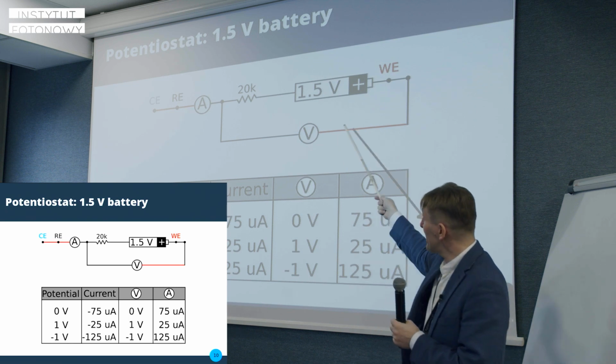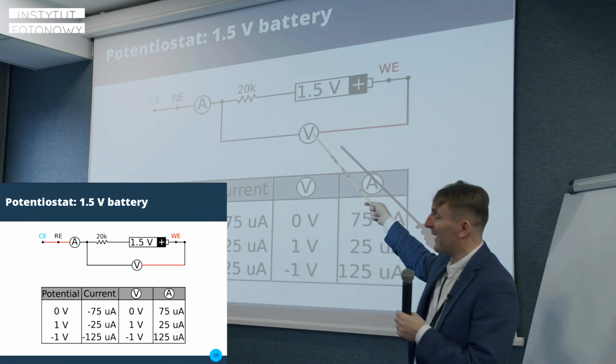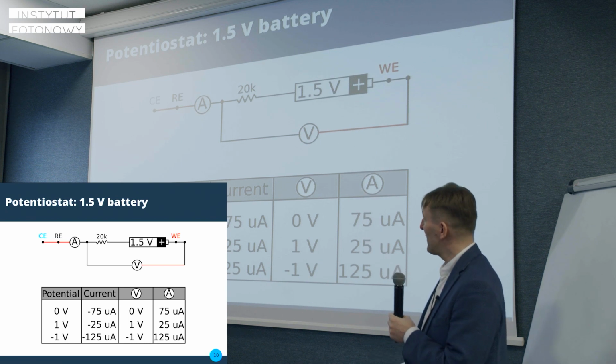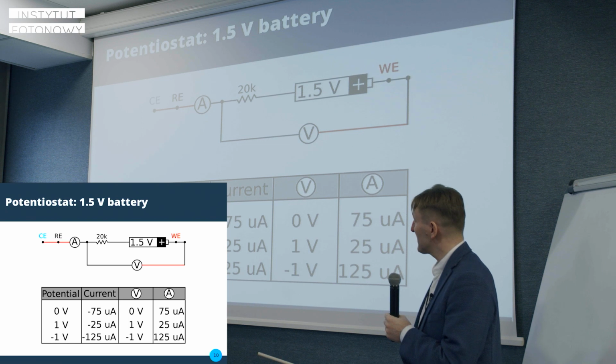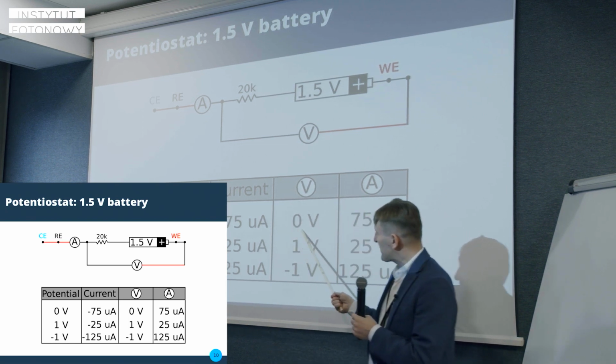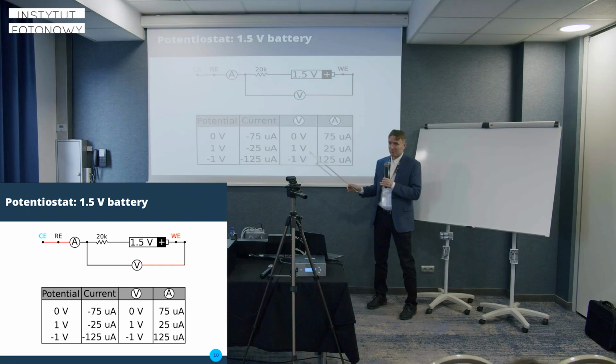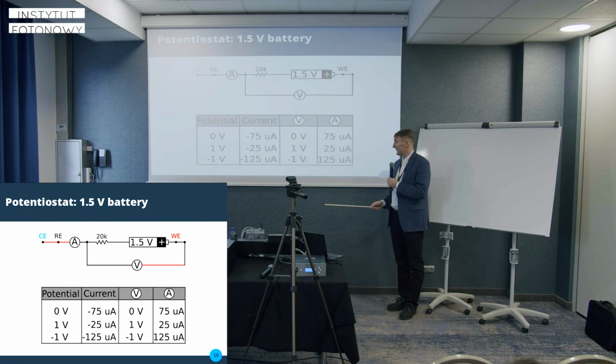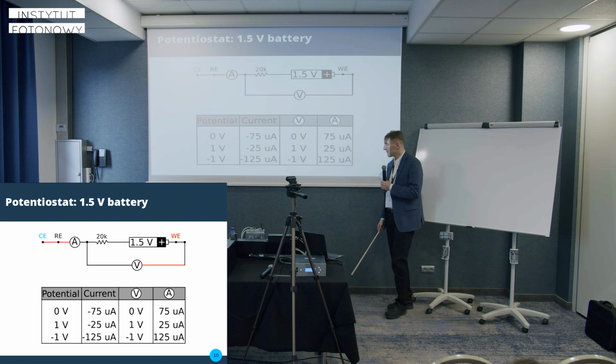Okay, this is exactly the same as on the previous slide when we had the closed loop, and we had the potential of 0 volts there, which we understand where it came from. So we also had a current of 75 microamperes.